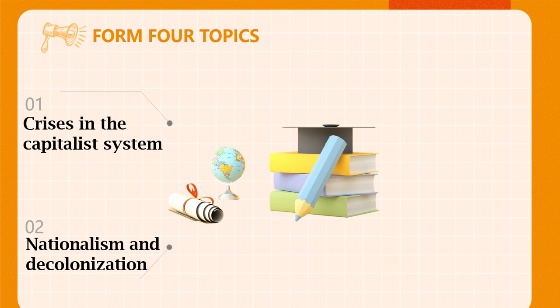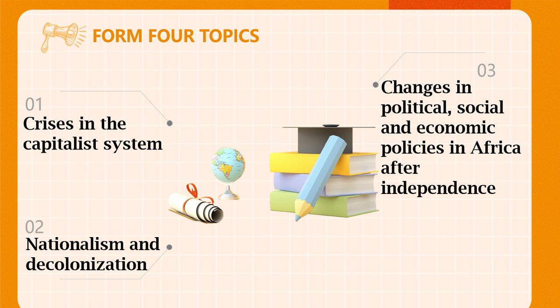After those, we go to topic number 2, nationalism and decolonization in Africa. In this topic, we are going to check how Africans showed or proved they were tired of colonialism. So they raised a sense of nationalism and started to decolonize, or to end colonialism. And number 3 is changes in political, social, and economic policies in Africa after independence.